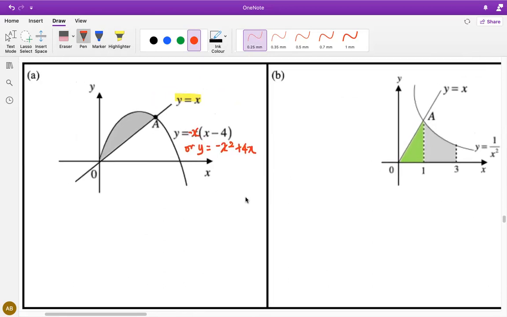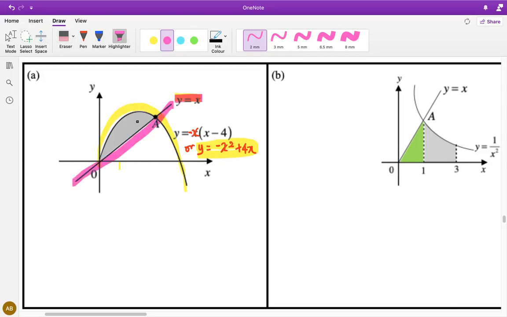So remember, if you look at the curve, this is the curve above. We are using this one. This is the equation of the curve: y equals negative x squared plus 4x. And below is this straight line, y equals x.